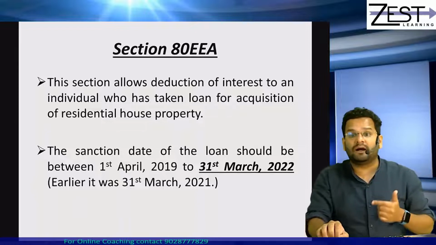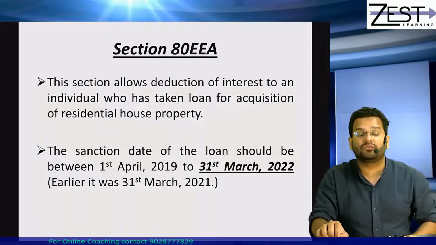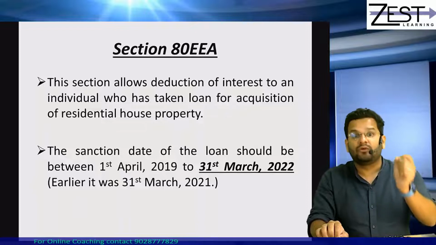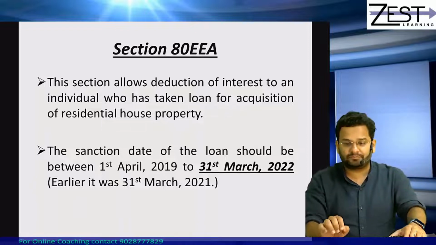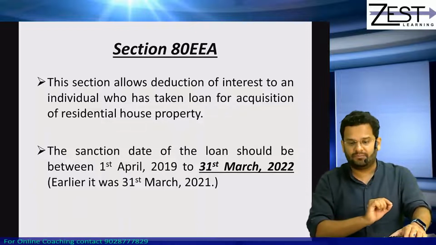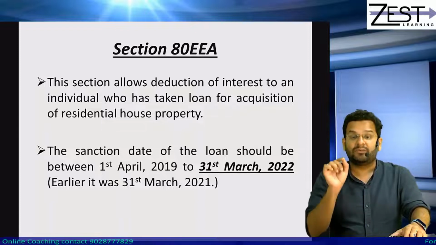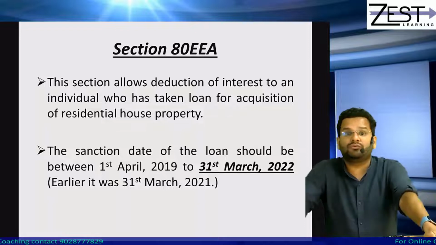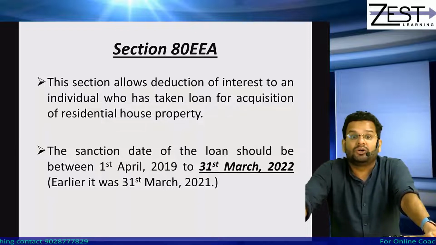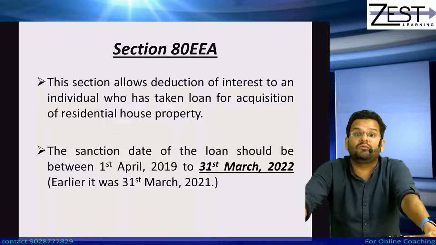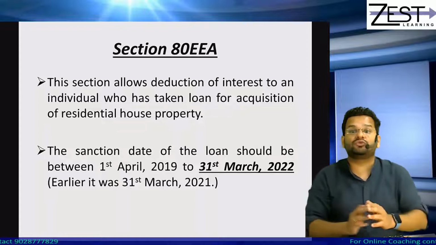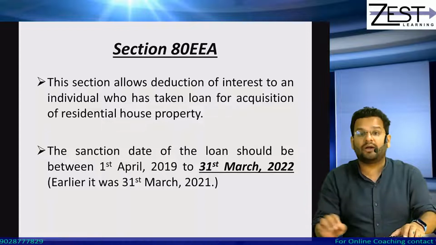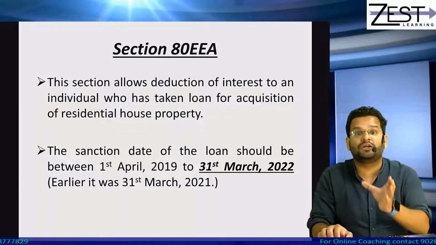Now over and above that you get this deduction of 80EEA. For this deduction there is one condition. That condition is that the sanction date of the loan should be between 1st April 19 to 31st March 21. So that was 21, that is now extended to 31st March 22.